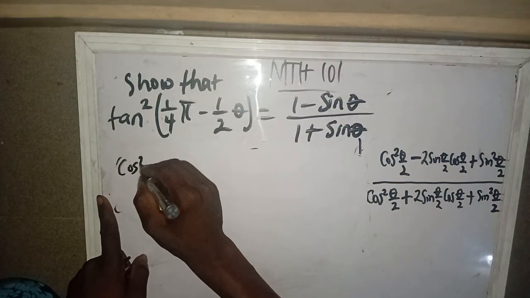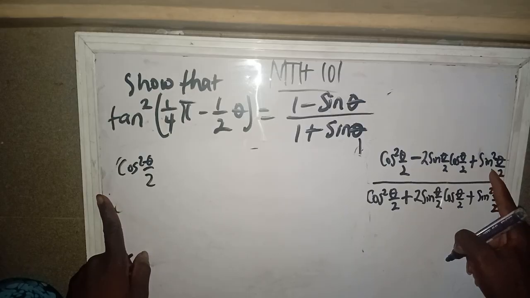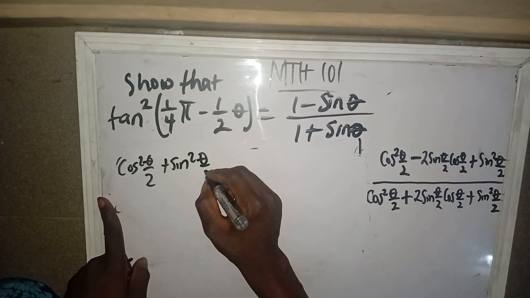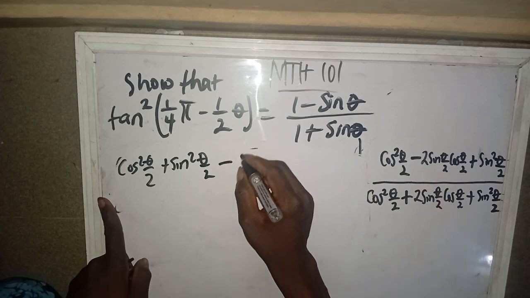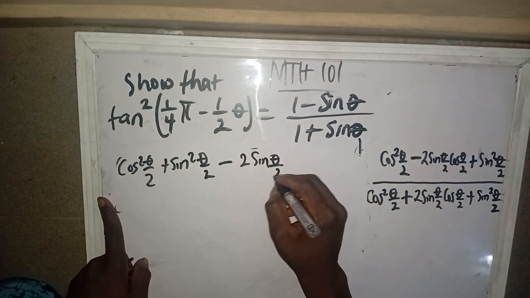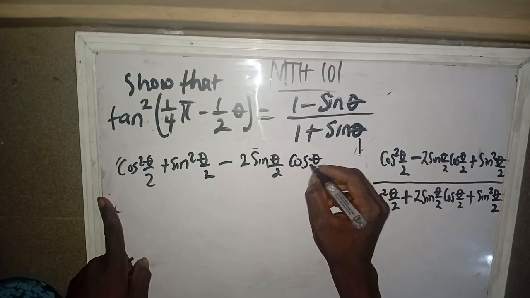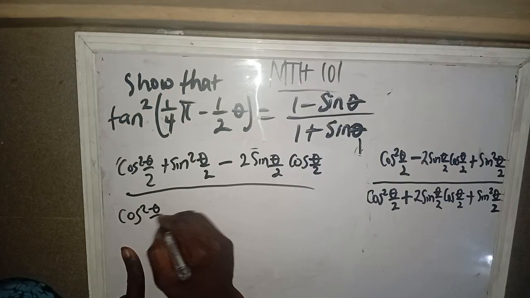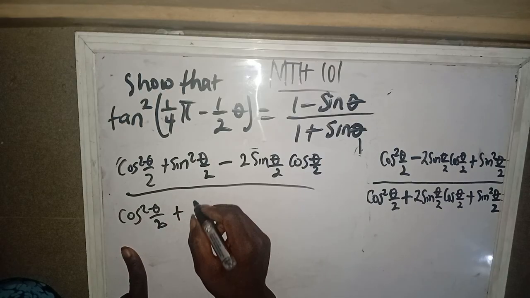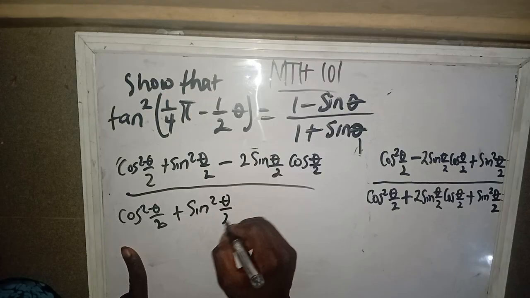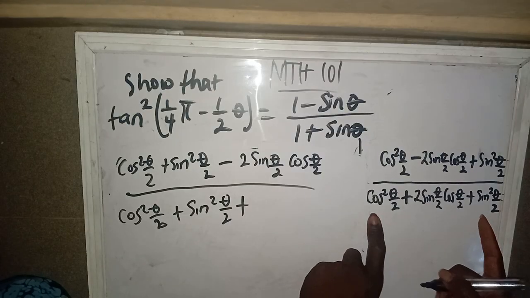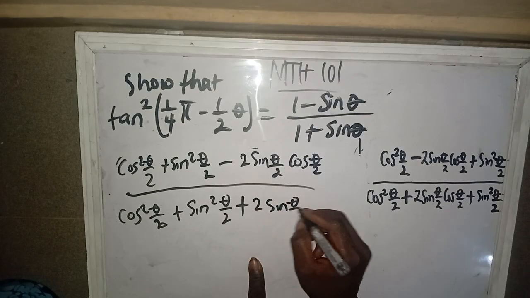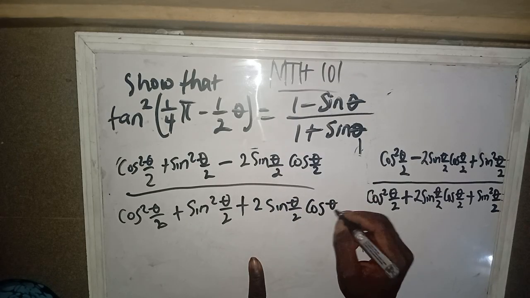Now cos square theta over 2, gather this together with this plus sine square theta over 2. Then we have this left, minus 2 sine theta over 2 cos theta over 2, divided by cos square theta over 2 plus sine square theta over 2 plus, I'm gathering this together, so this one plus 2 sine theta over 2 cos theta over 2.